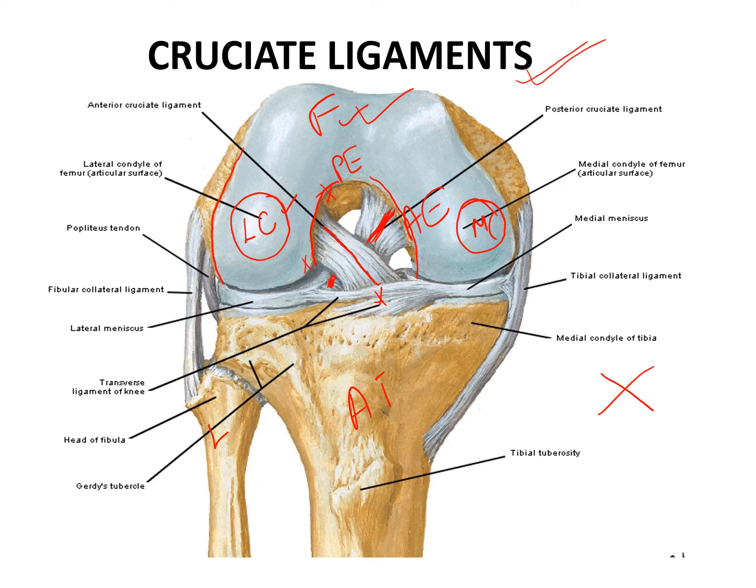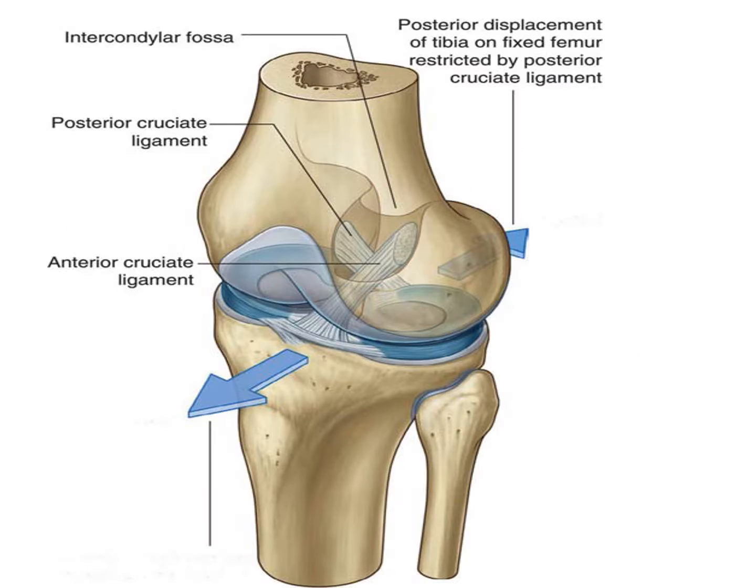So that is about the anterior cruciate ligament and the posterior cruciate ligament. We will discuss it further when we talk about the MCQs. So this was to show the anterior and the posterior cruciate ligament.